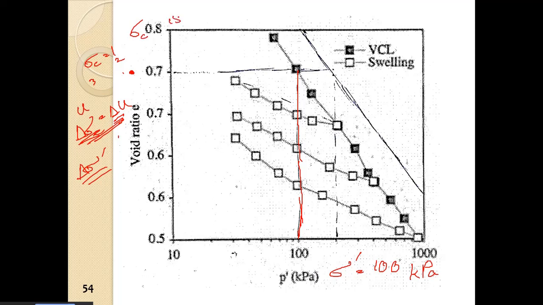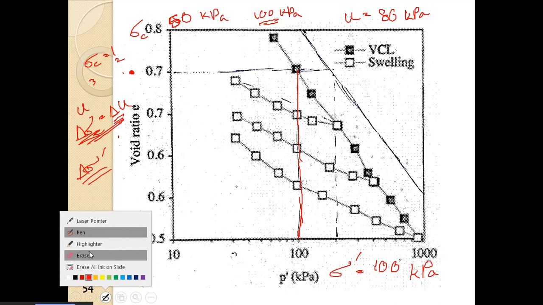So we reach 50 kPa, then we reach 100 kPa. When we reach 100 kPa, we see that u is equal to, suppose, 80 kPa. No, it will not be 80 kPa.